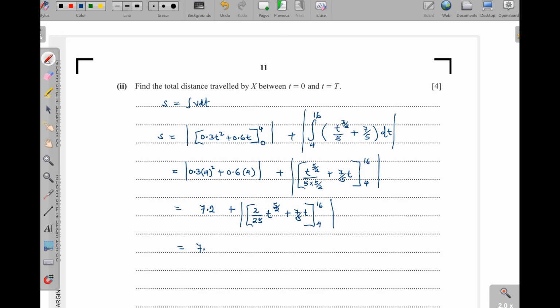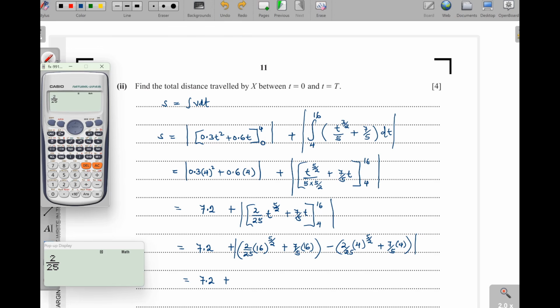So here this is 7.2, then plus 2 over 25 times 16 to the power of 5 over 2, and then plus 7 over 5 times 16. Then we subtract 2 over 25 times 4 to the power of 5 over 2, then plus 7 over 5 times 4, and this one in the modulus. What do we get here?